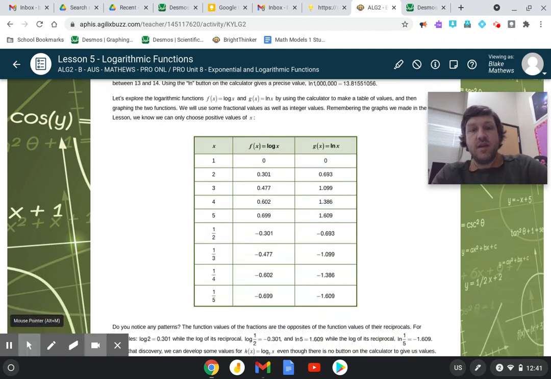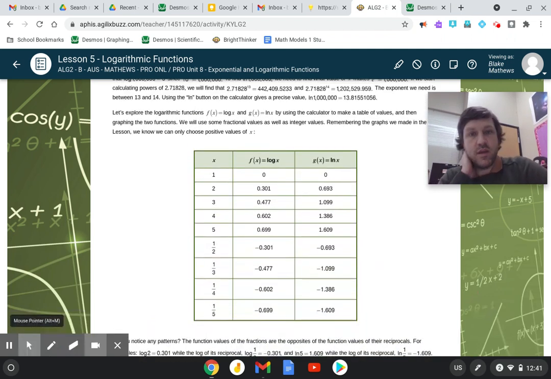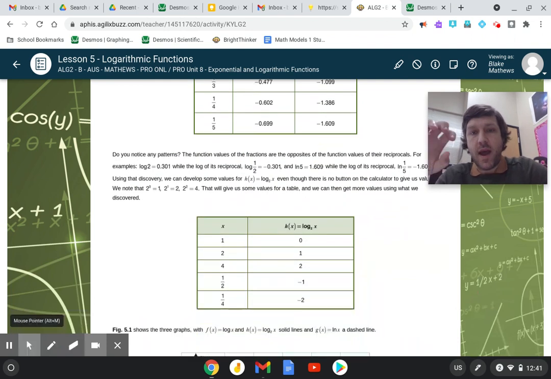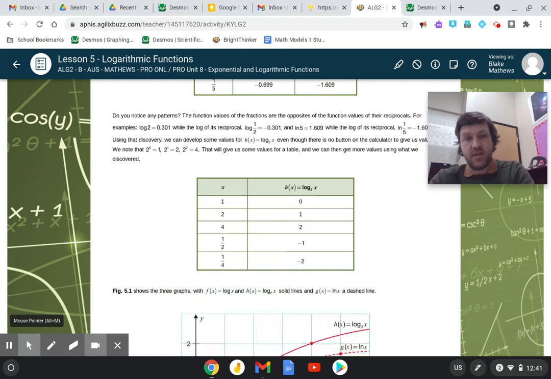One other major thing they want you to understand is something about the reciprocal relationship of logarithms. I'm going to use this example here on the screen to illustrate this. What this is doing is asking for a log base 2 of these numbers.